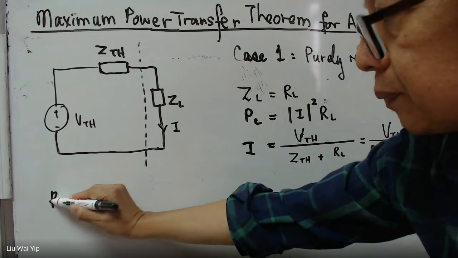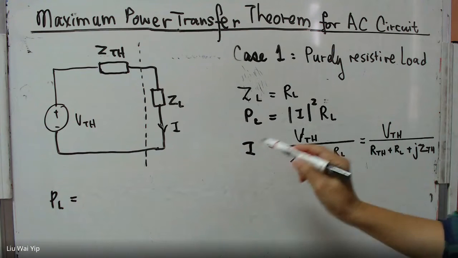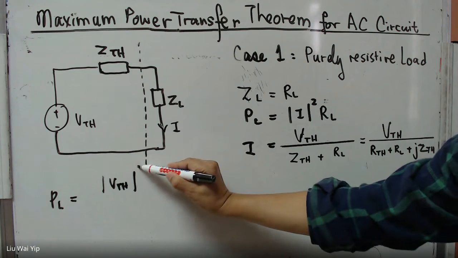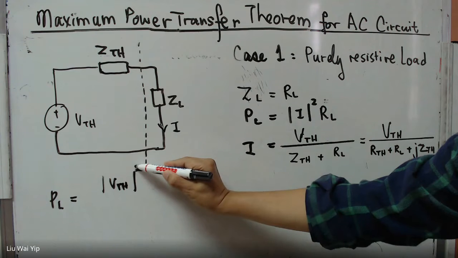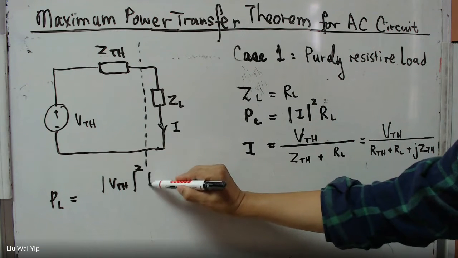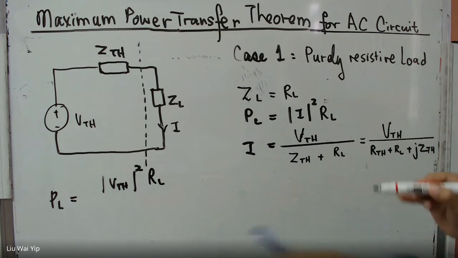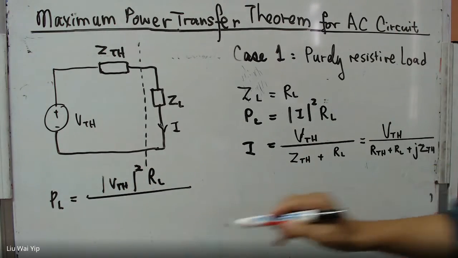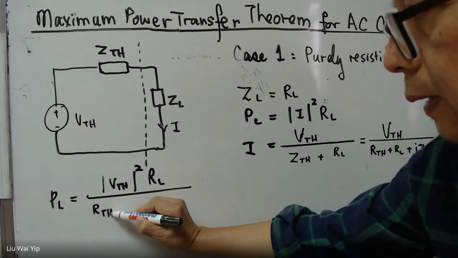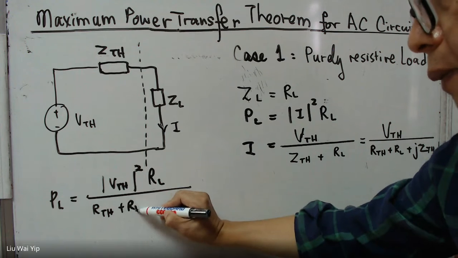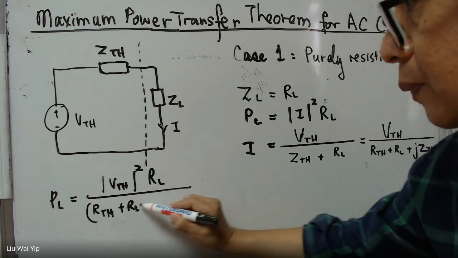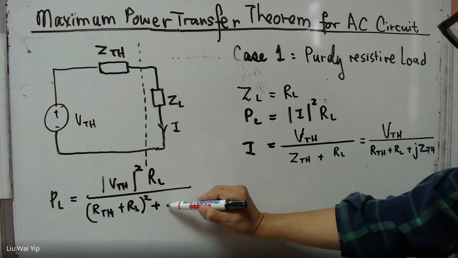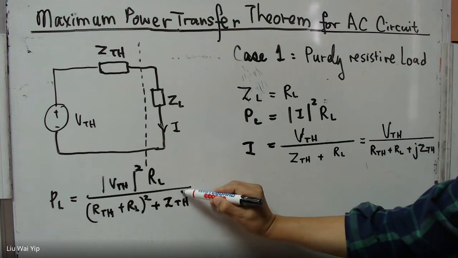So power in this case is VTH squared, and then RL, and then the magnitude of I, which is RTH plus RL plus XTH squared.